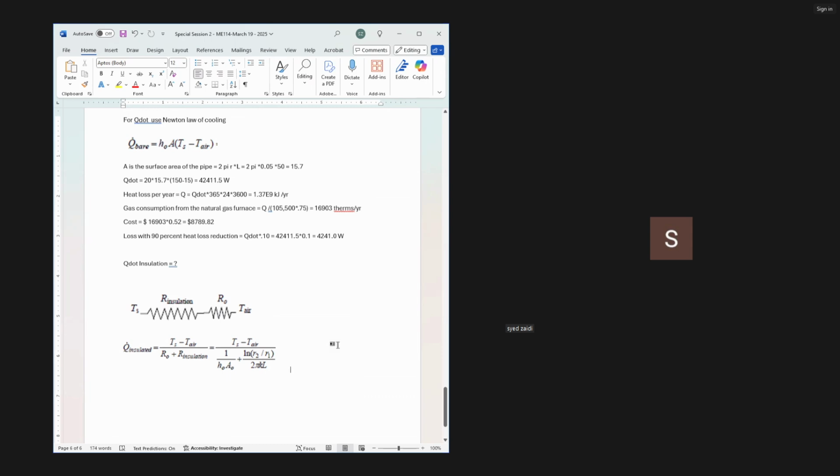A0 is the surface area, and that will be equal to 2 pi R2, the circumference, multiplied by your length. Now R2 is here as well, and R2 is here as well.